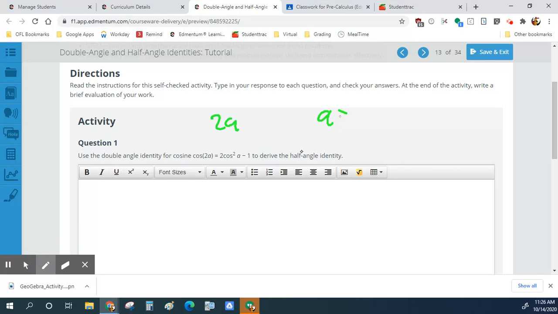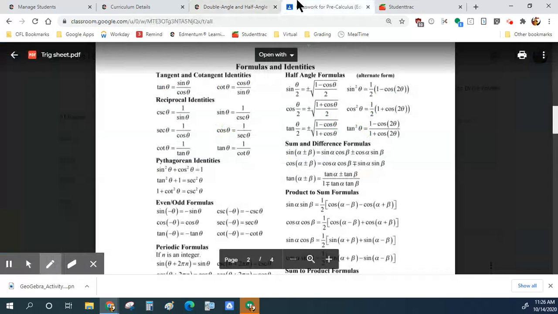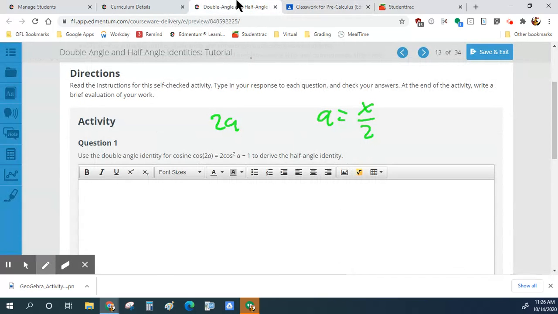I'm going to say that A is equal to x over 2. That'll help us see this a little more clearly. Or I'll call it alpha. That way we can actually see it. Yeah, I'm going to replace it with theta. Let's see here. Half angle. All right, let's get into proving this.